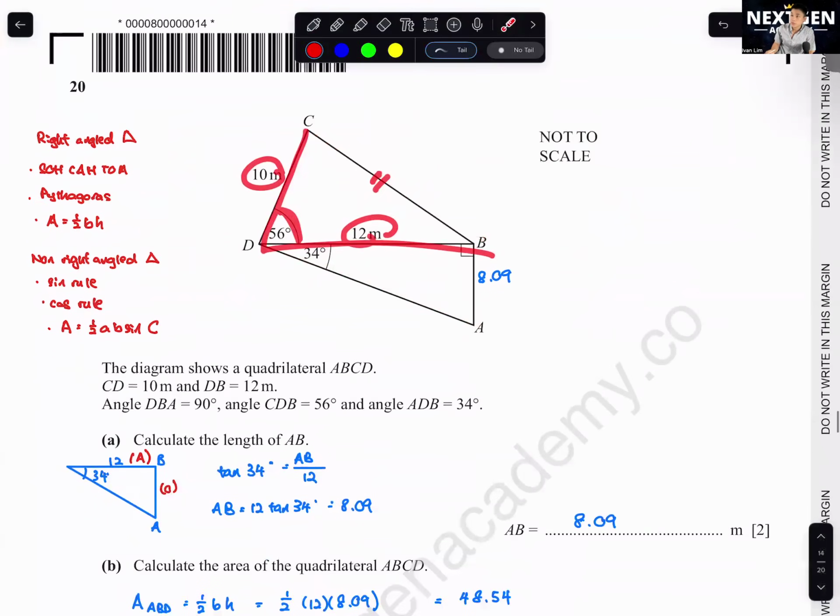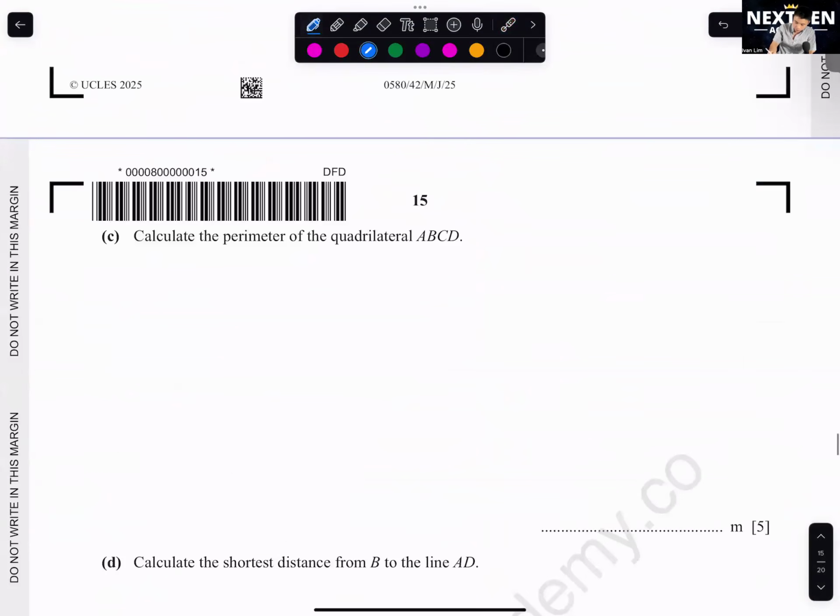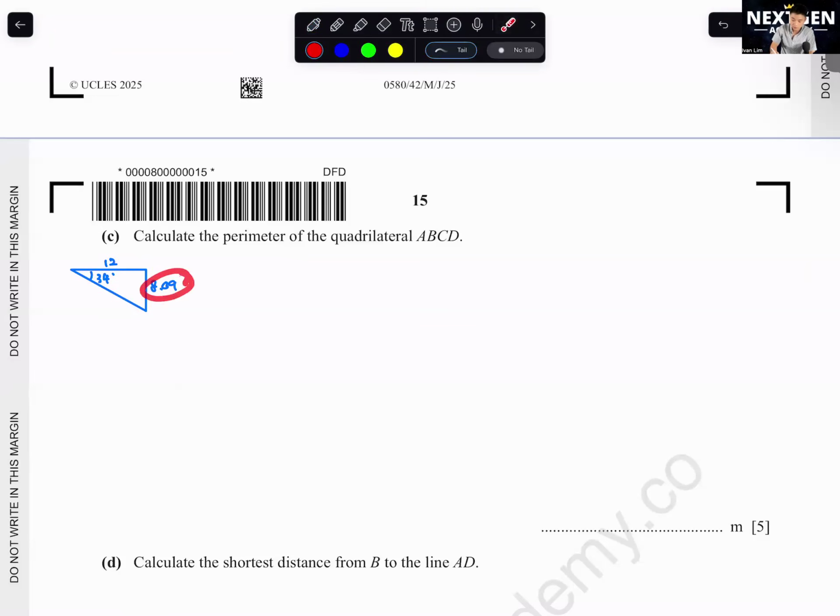Let's start with the bottom one first. I'll draw it out. Here we have 34, then 12, and then here 8.09. For me, I will use SOHCAHTOA because whatever is given to you won't be wrong, but sometimes I might accidentally make a mistake. So I will use this one, adjacent over hypotenuse, so CAH.